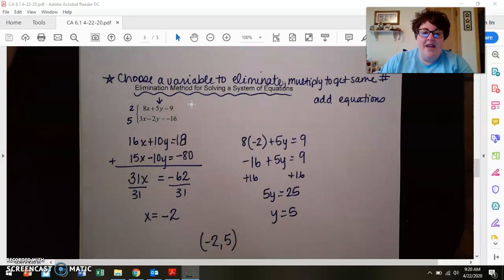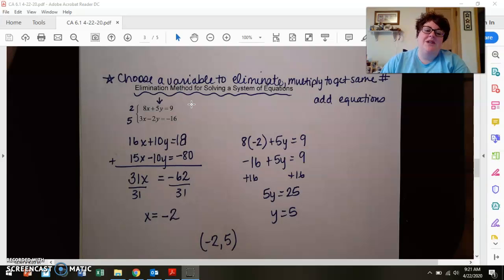Now, the other way is by elimination, and this is usually the preferred method. Well, it really depends on what it looks like, but this one I thought was really hard to explain in words. So in my words, choose a variable to eliminate, multiply to get the same number, and then add your equations.